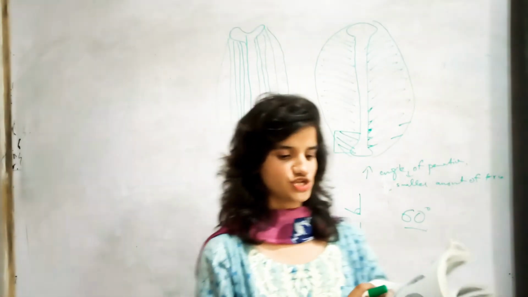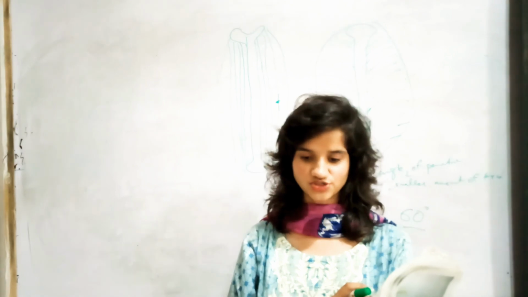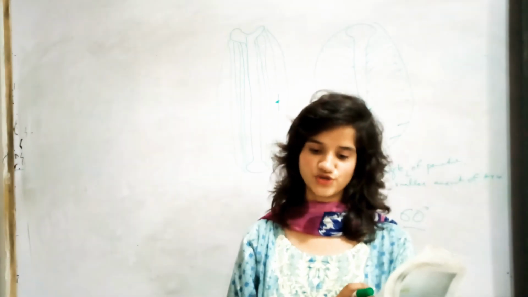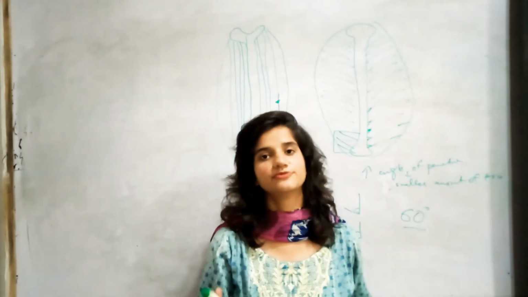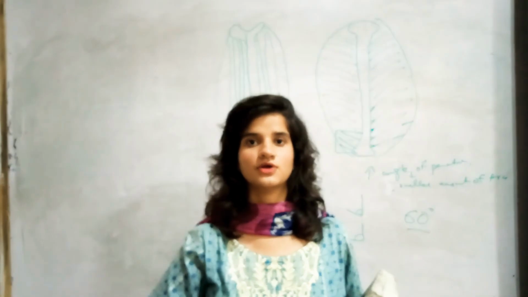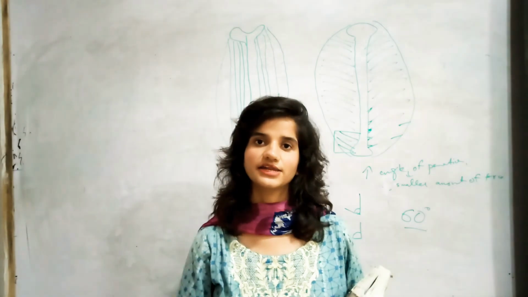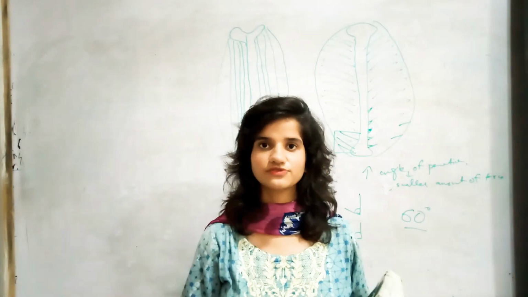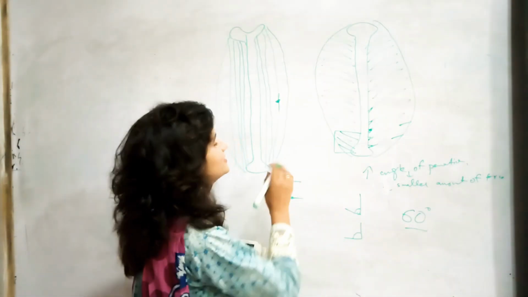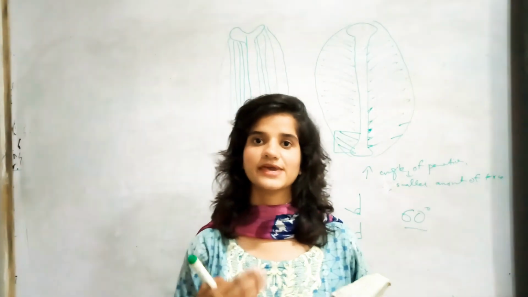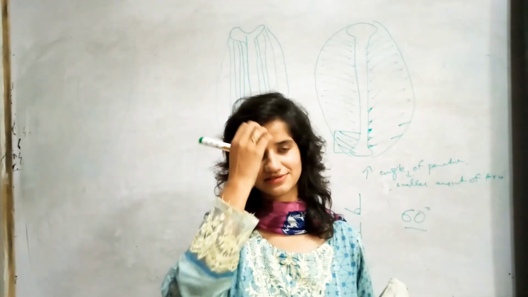Pinnate fiber arrangement promotes muscle force production and parallel fiber arrangement facilitates muscle shortening. So it is clear that when the arrangement is in pinnate fibers, they give us more force production. And the arrangement in parallel fibers produces shortening in the muscles.